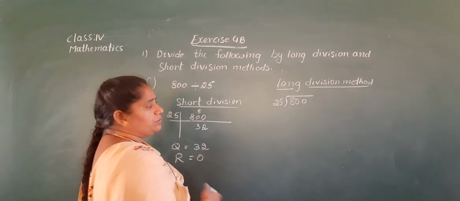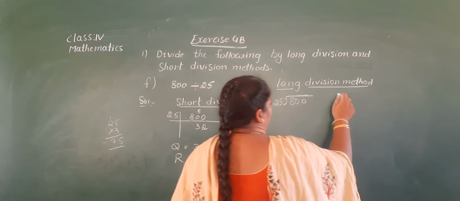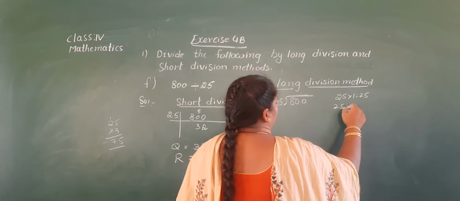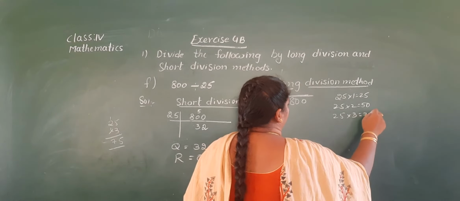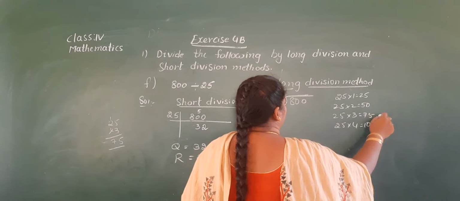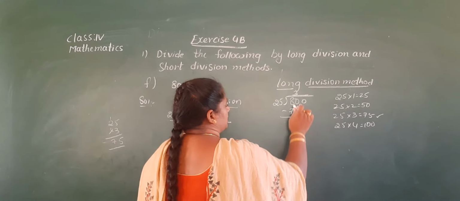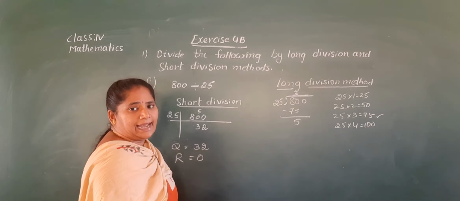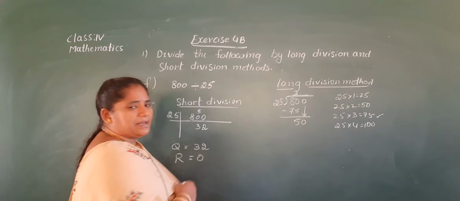So 25 twos are 50, 25 threes are... I will write the 25 table on the side. 25 ones are 25, 25 twos are 50, 25 threes are 75, 25 fours are 100. So 75 is the nearest number. 80 minus 75 gives 5. Then take down 0. Now the number is 50.